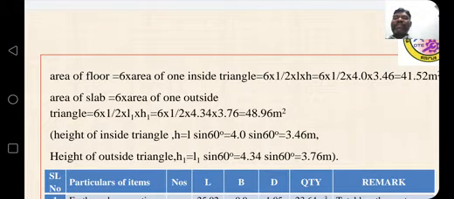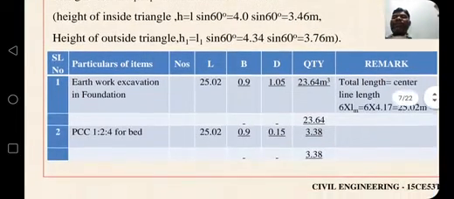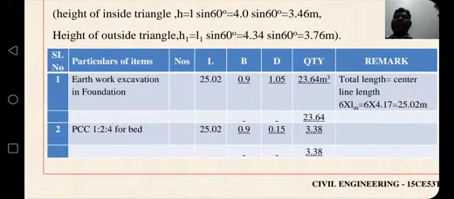The height of inside triangle H is L sin 60 degree, L is 4 meter, so it is around 3.46 meter. Height of outside triangle H1 is L1 sin 60 degree, 4.34 into sin 60 degree, which is 3.76 meters.